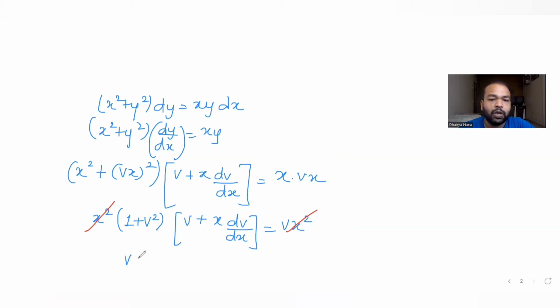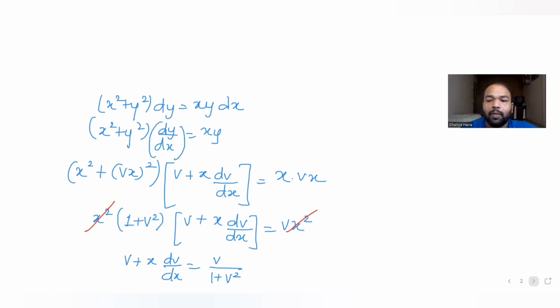So you are left with v + x dv by dx is equal to v upon (1 + v²). Now trying to separate the variables, I can take this v also on the right hand side.